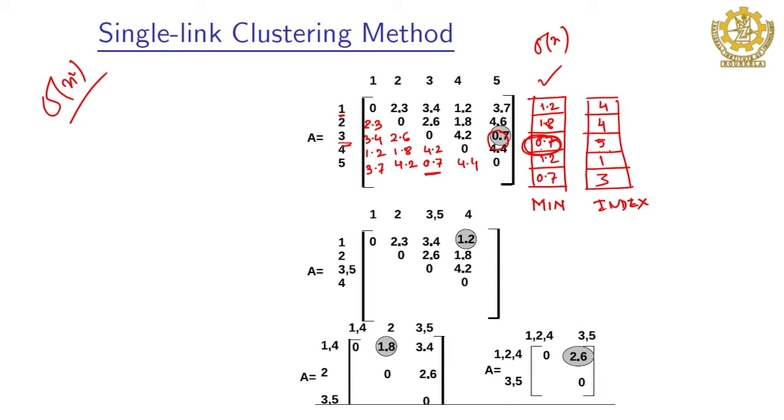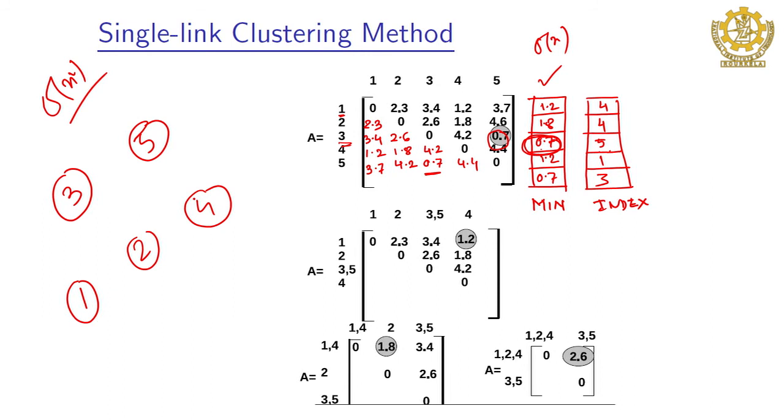And what is the next step? You have to update the distance matrix. So, now here is an important point. So, 3 is here, 5 is here, let us say 1 is here, 2 is here and 4, 1, 2, 3, 4, 5. So, there are 5 points. Now, when we merge the clusters 3 and 5, there is no change of the distance between clusters 1 and 2 and 2 and 4.